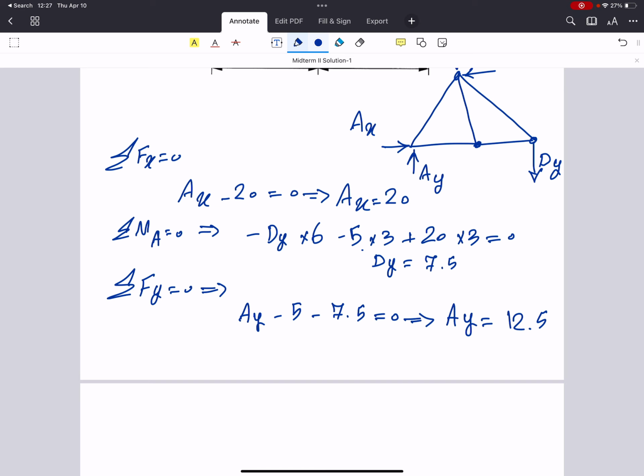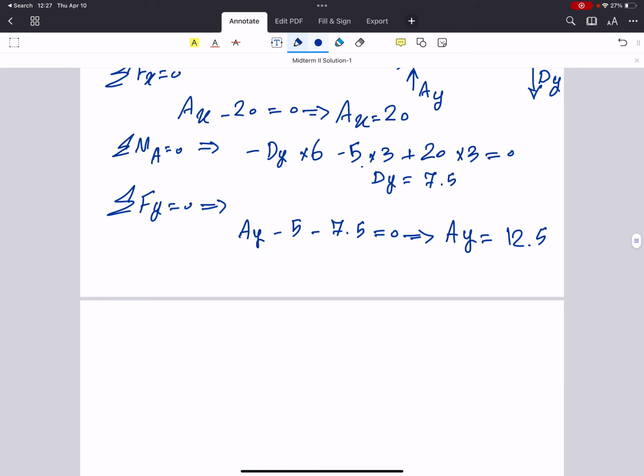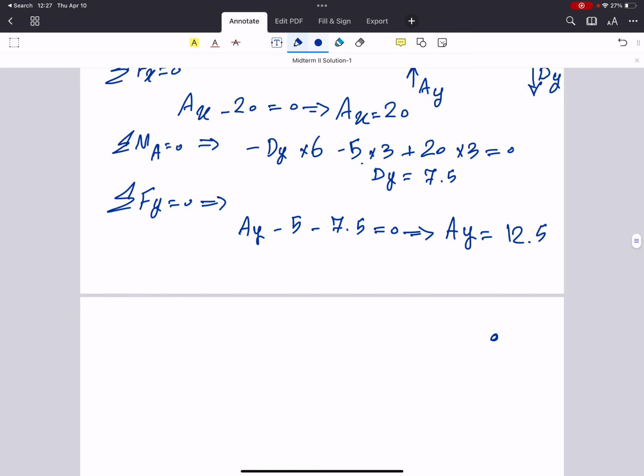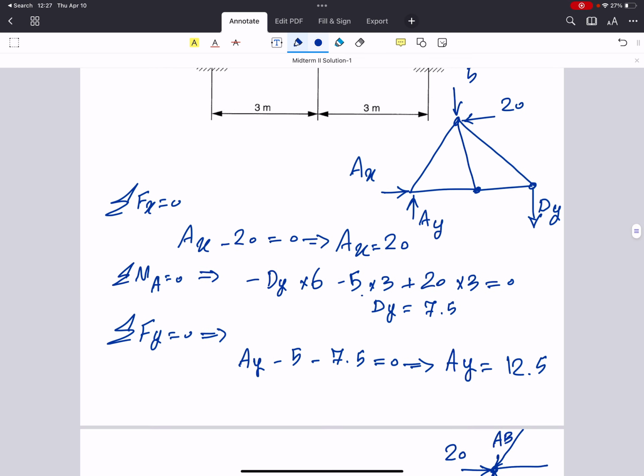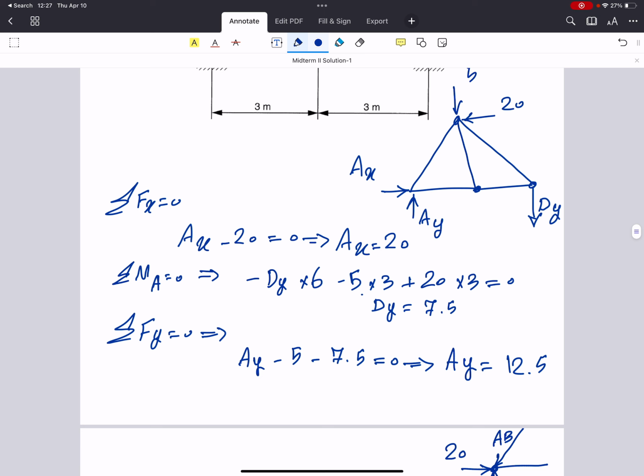I can go to joint A. Let's do joint A. In joint A, we have this one, 20. This is 12.5. This is my AB. This is my, what is it?